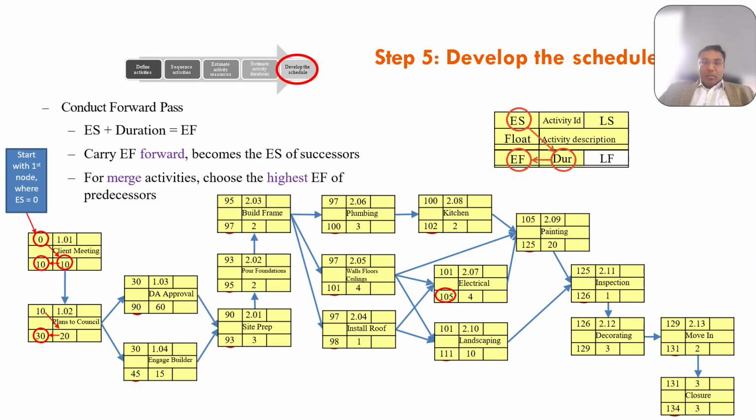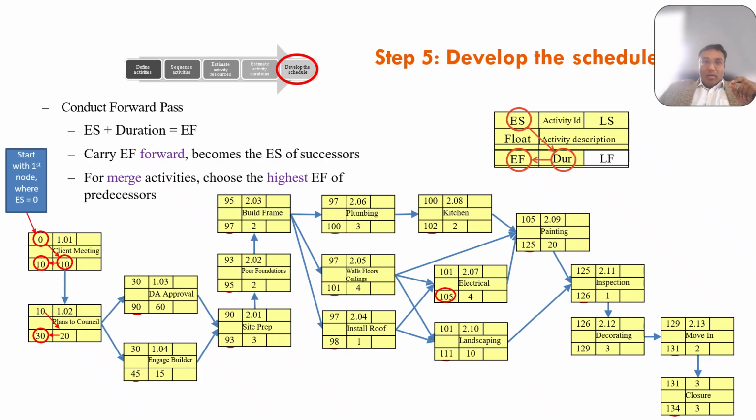But because DA approval takes 60 days, your early finish will be 90 days. For the builder, you can finish within 15 days, so your early finish is 45. But because of the highest early finish of those activities, without DA approval you can't go and build your site. You have to wait till that 90 days, so that becomes your highest duration to wait for the next activity. Both EF values continue to their downstream activities.